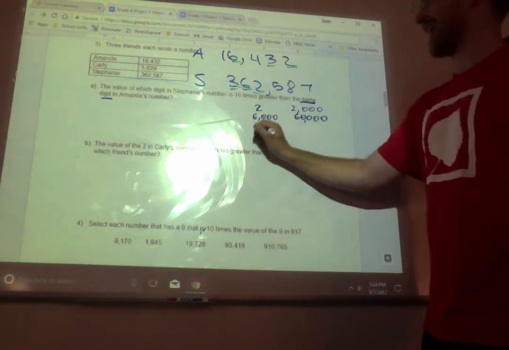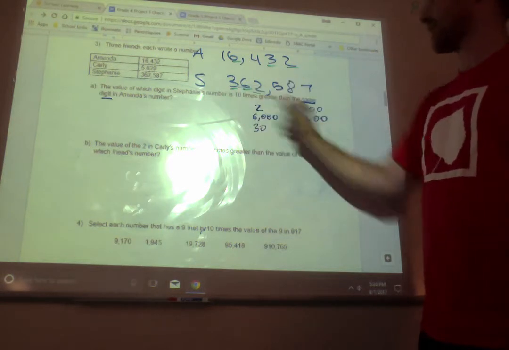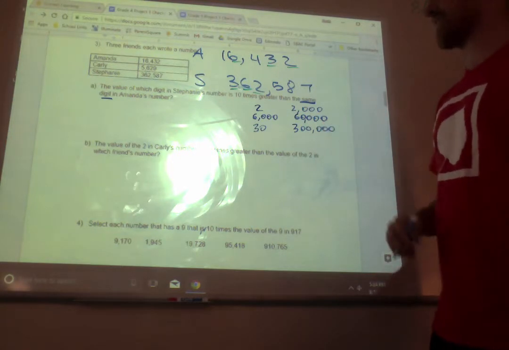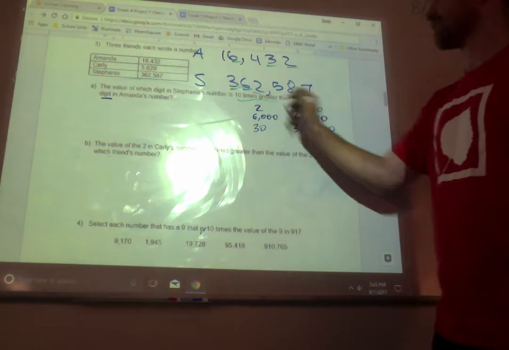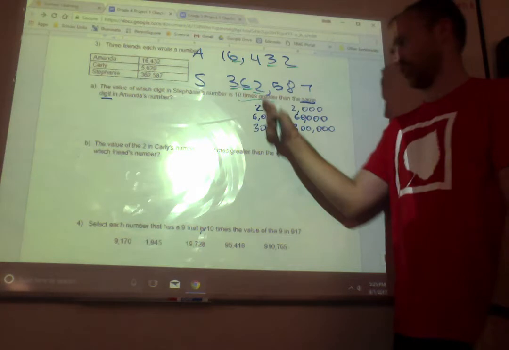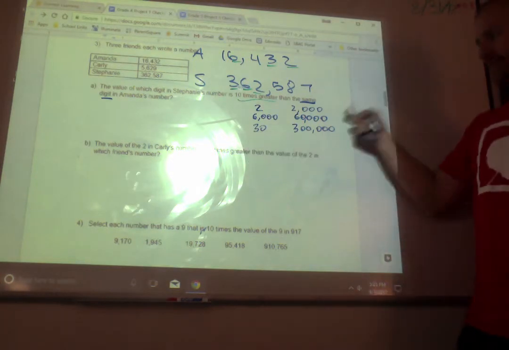I see a 3 what? 30 in Amanda's number, and I see 300,000 in Stephanie's number. Which digit is, when I multiply 10 to one of these numbers, I'm going to get this number over here.